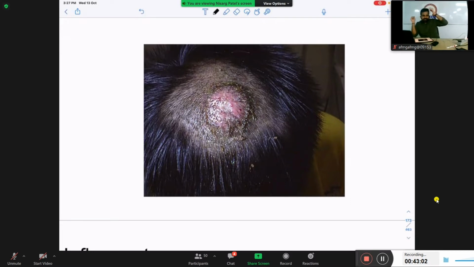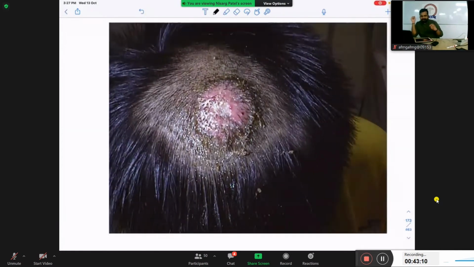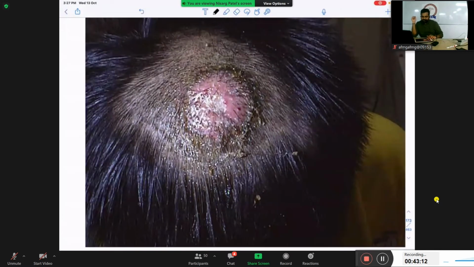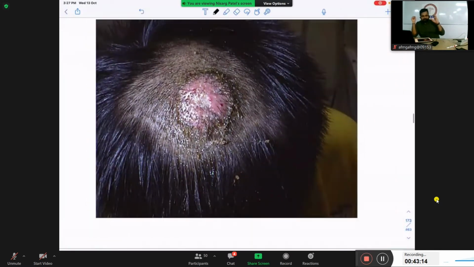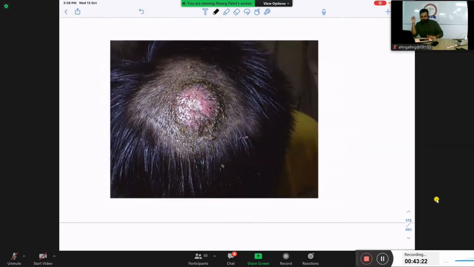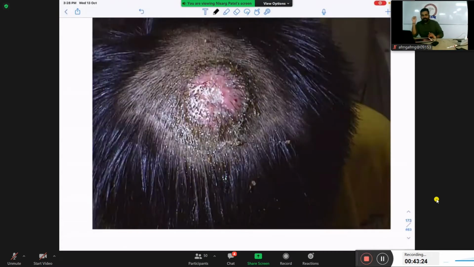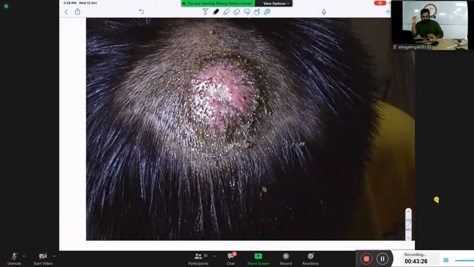So what you will notice, you will see swelling above the skin, right? In the last NEET exam, they asked this question: a patient is having hair fall with easy pluckability along with boggy swelling on the scalp. What is this alopecia? This alopecia is a kerion. This is known as a kerion.